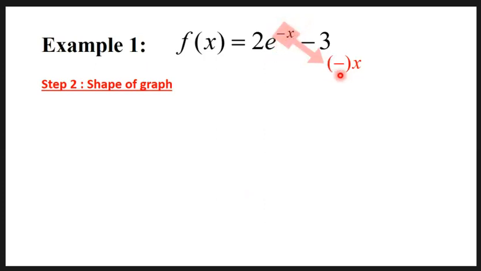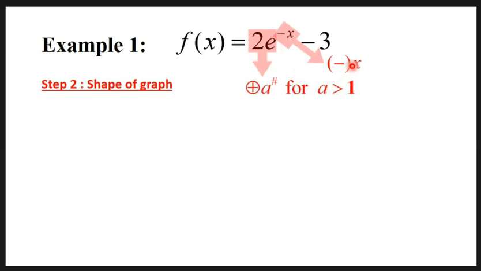In this case, we have a negative coefficient on x. The other one is the sign on the function. In this case, the sign is positive, as the coefficient on the exponential function is 2, a positive 2. So we have a positive coefficient for the case where the base number is greater than 1.